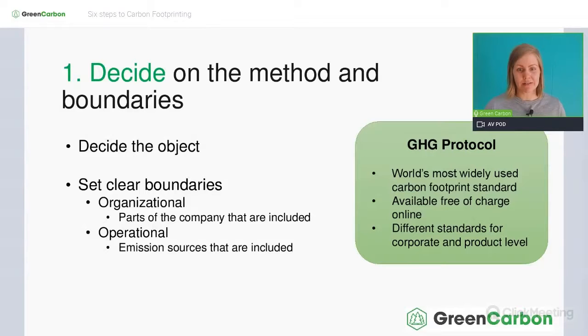I highly suggest that you follow some standard, because the Greenhouse Gas Protocol gives you good guidance, but it also gives the calculations reliability, because you can say that, okay, we followed this standard, and these calculations meet the requirements of the standard.